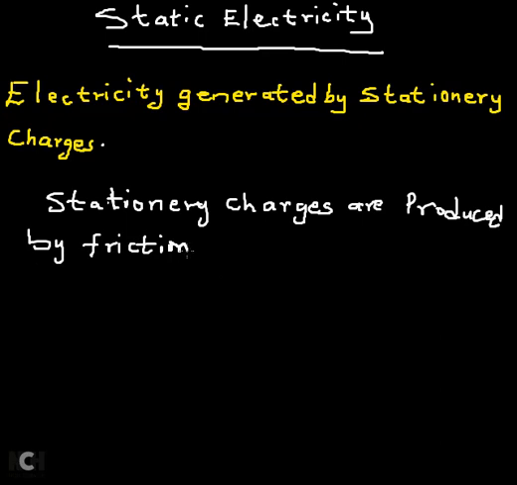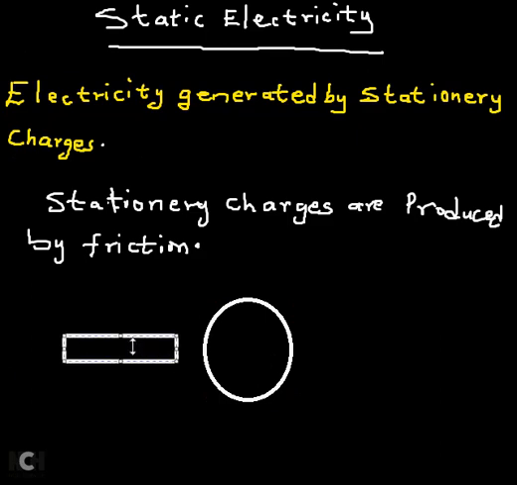What do I mean by that? When you take a substance and rub it on another substance for a very long time, you are going to produce a stationary charge in those two substances. They are produced by friction when a material is rubbed on another. For example, let's say I have a sphere and a rod of different materials.